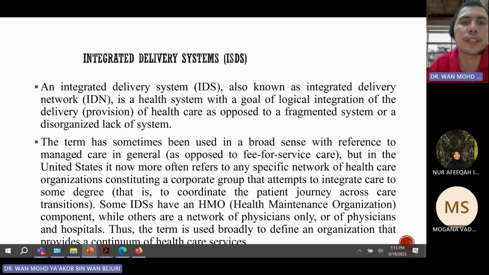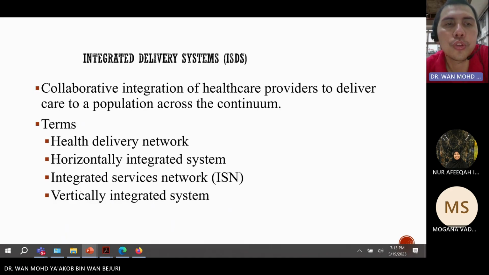It means the system delivers hub services. It is based on the collaborative integration of care providers to deliver care to a population across the continuum.